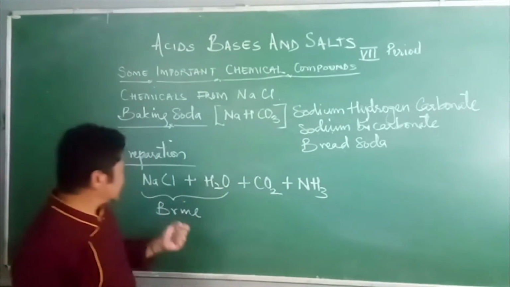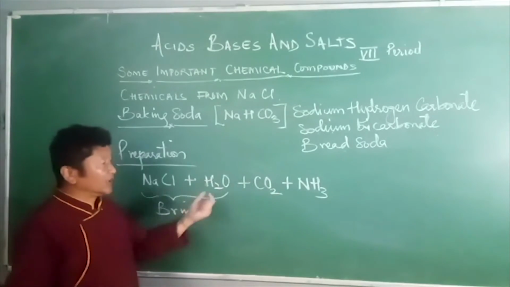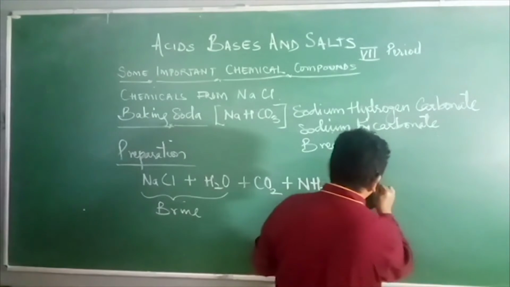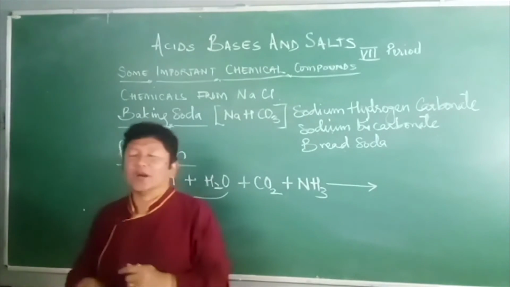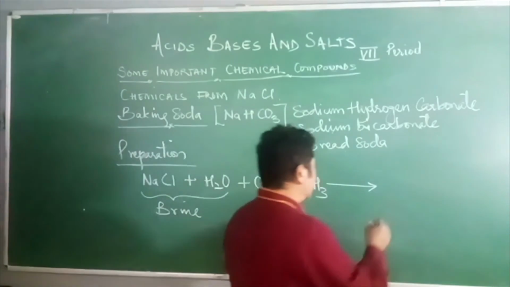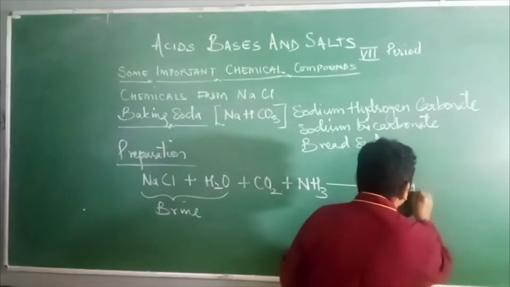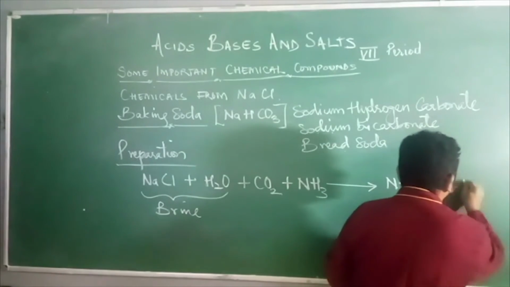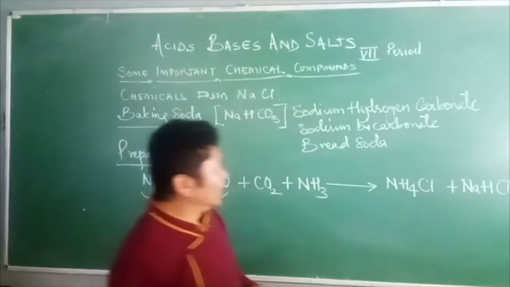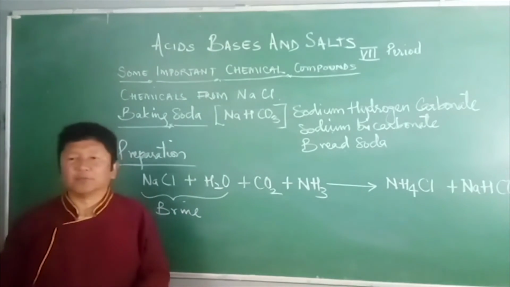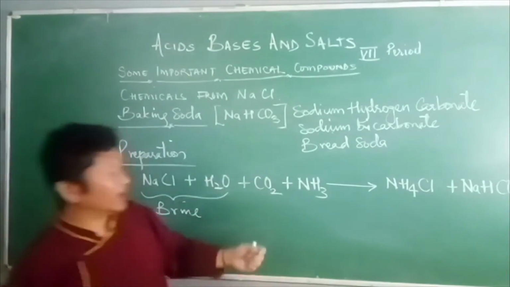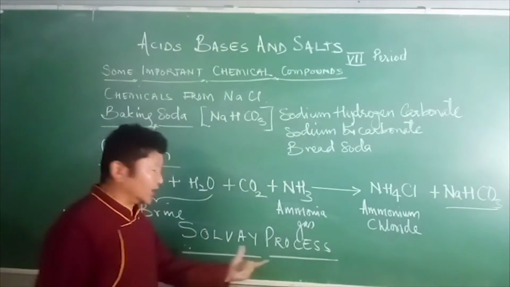When brine, carbon dioxide and ammonia are fused, we get sodium bicarbonate and ammonium chloride. So this is the preparation of baking soda.